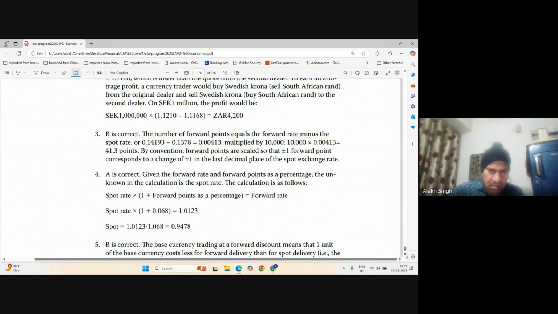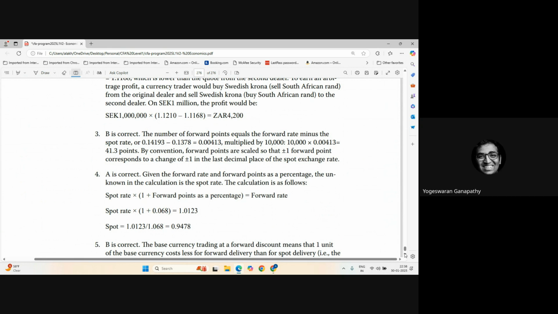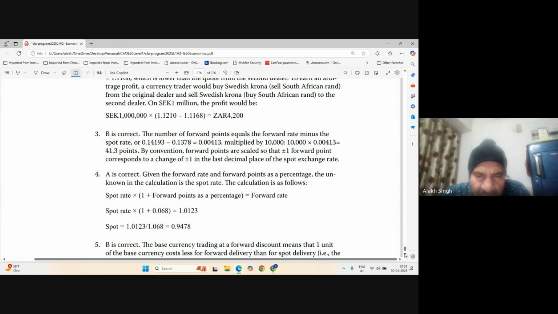No, it is a percentage, so no need to divide. Given the forward rate and forward points as a percentage, the unknown is the spot rate. The calculation is spot rate times 1 plus forward points as a percentage is the forward rate.